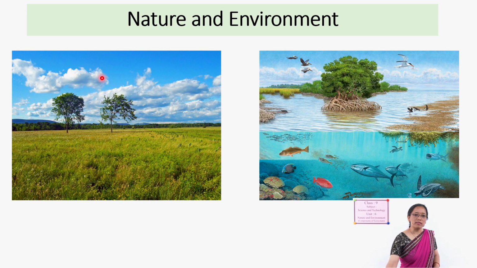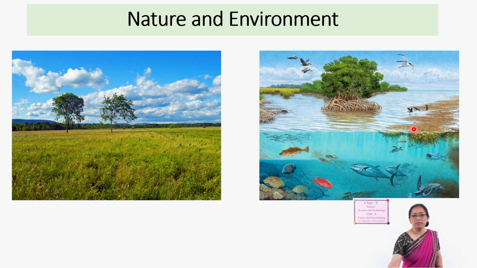Okay, see this. What do you see? There is a crop farm, there are some trees, and there is cloud, and there is air. Also in the second picture you can see water, some trees, birds, fishes, and so many things.